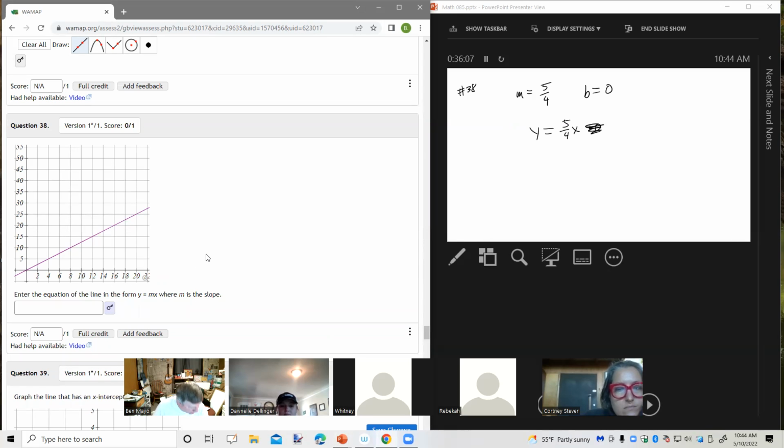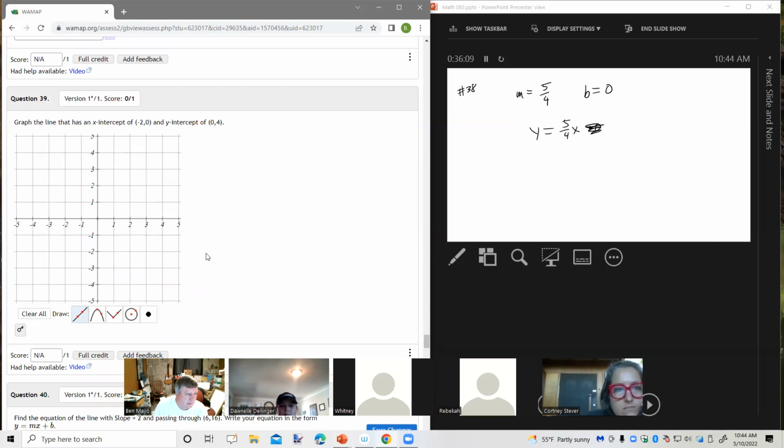Let's see, 39. Graph the line that has an x-intercept of -2, 0, and a y-intercept of 0, 4. So there's 2 points. So I'm going to graph the line using 2 points, -2, 0, and then 0, 4. Bingo, done.